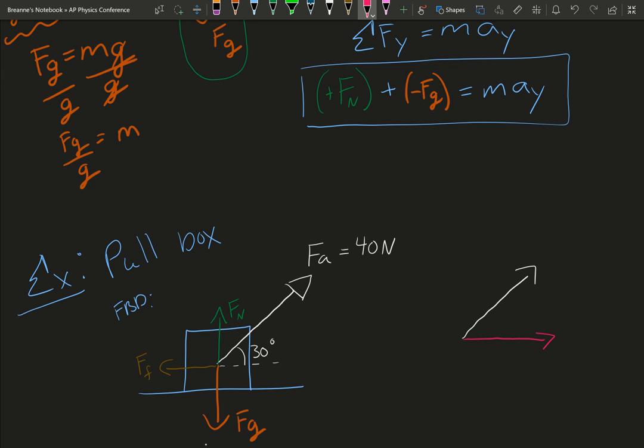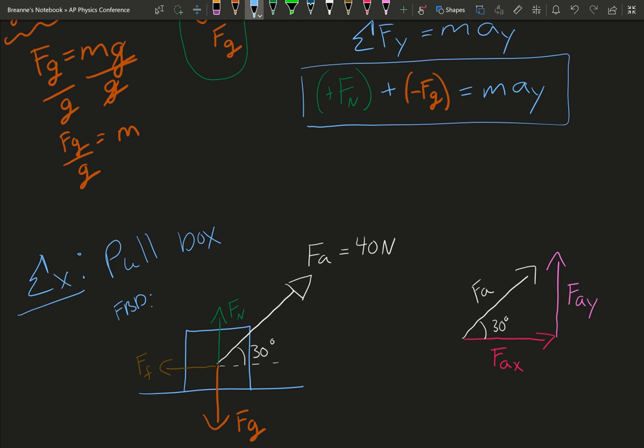So we have to break it down into force applied in the x and force applied in the y. This is your force applied, and we know that our angle is theta, which is just 30 degrees.